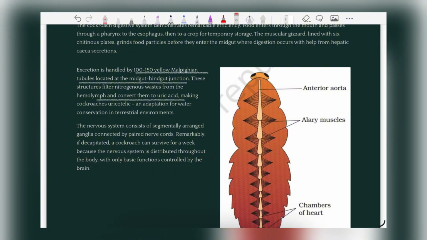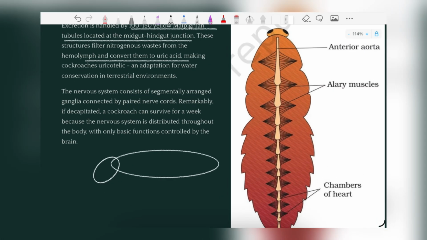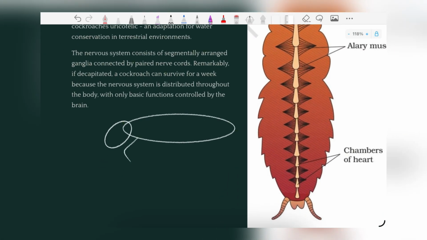As we have learned from biological classification, except the chordates, animals possess the nervous system on the ventral side, and so does the cockroach.